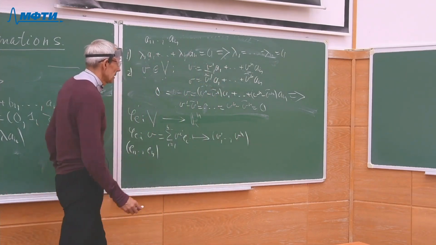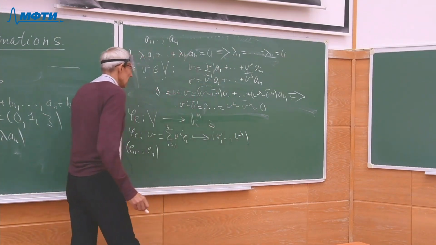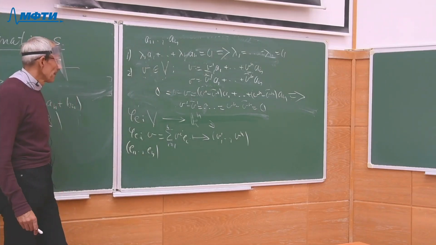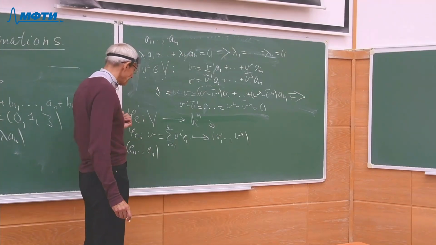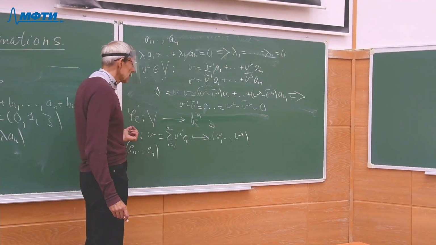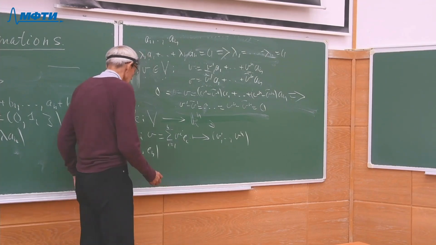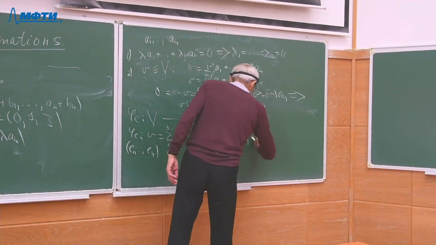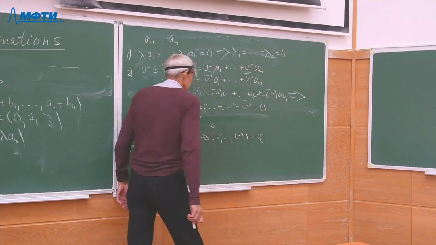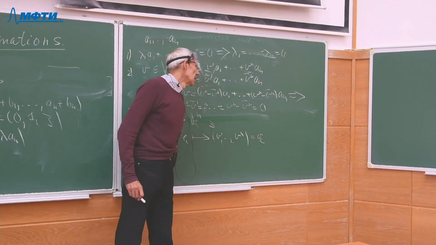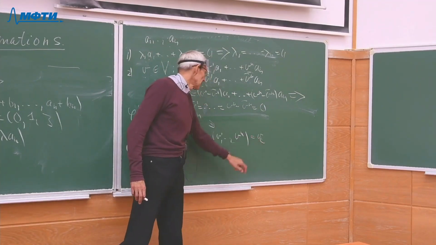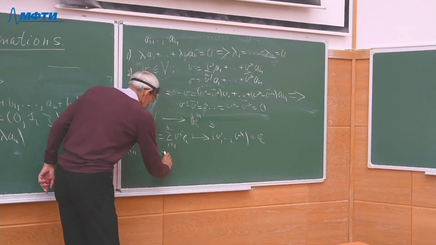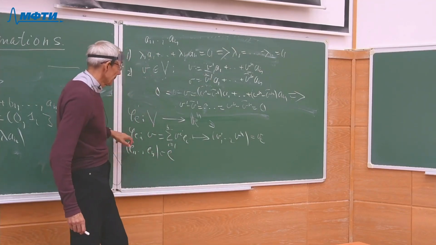And we obtain an n-tuple, an element of the arithmetical vector space. We will denote this n-tuple by v with subindex e, where e means the basis in the vector space.